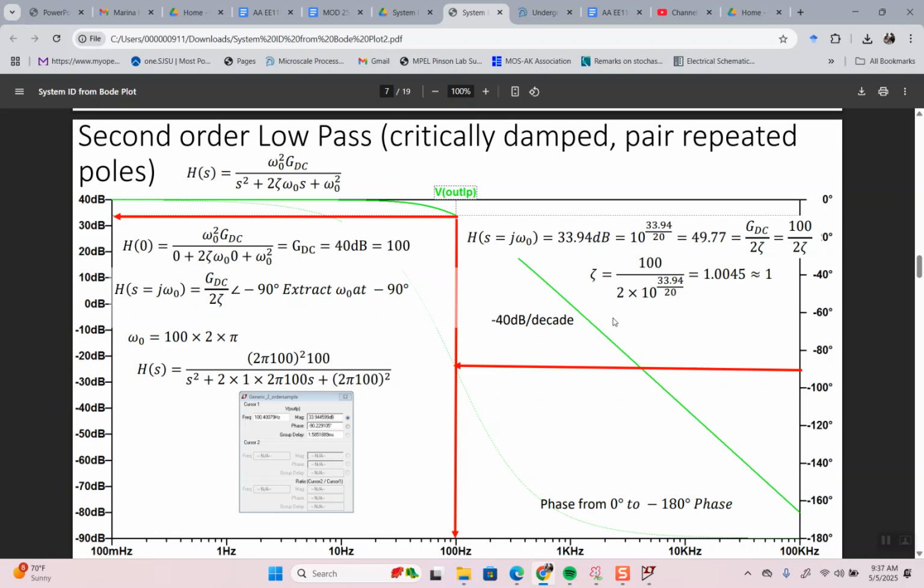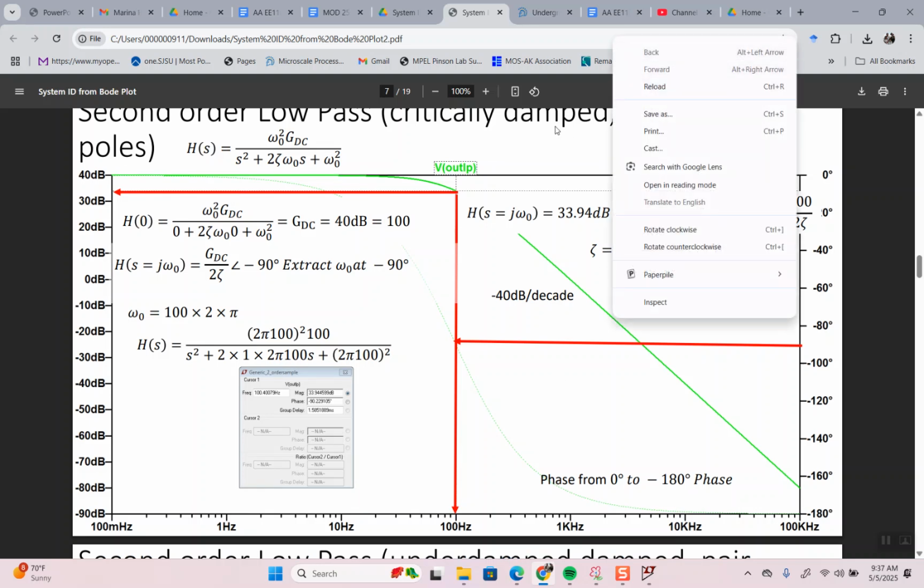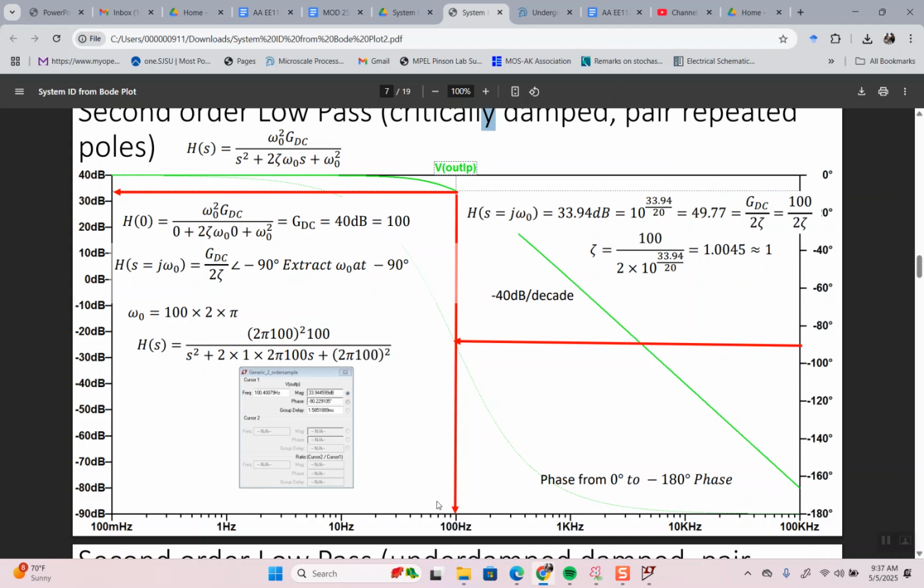All righty. Now we're going to do critically damped. All right. And I kept everything the same. But see, now you have this one breakpoint, but instead of happening at minus 3 dB, it's actually happening at minus 6.